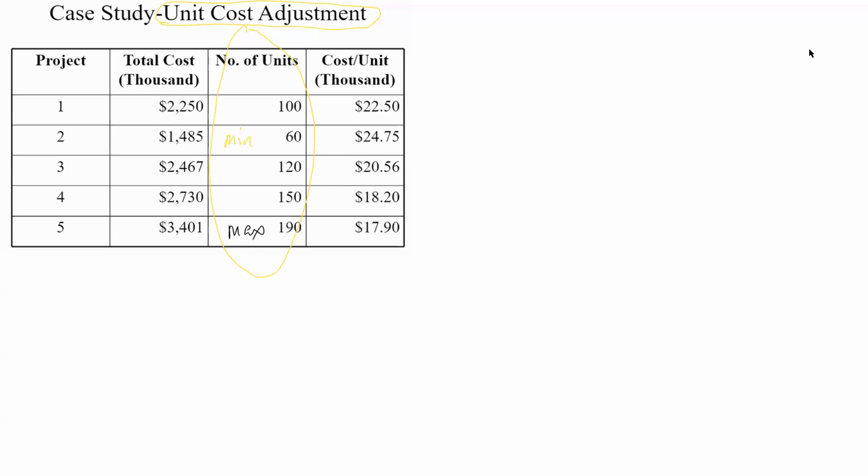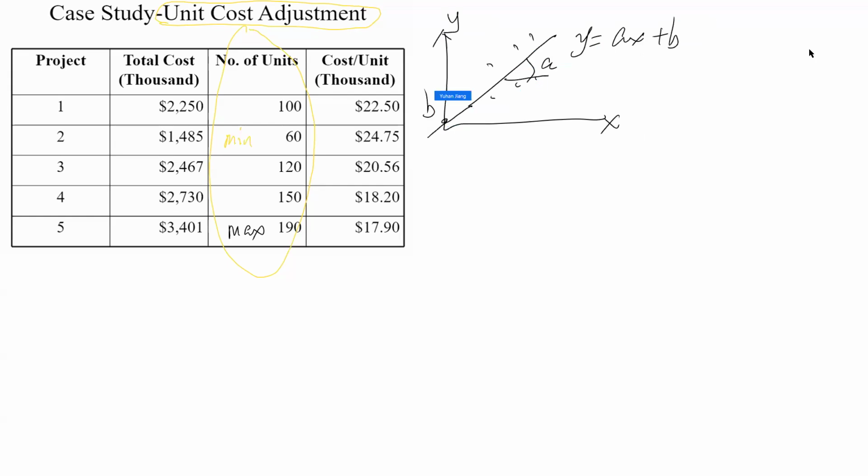Do you understand what this is? The equation means y is equal to ax plus b. Does that make sense? The a is for this and the b is for here. Any questions? You don't know about this?